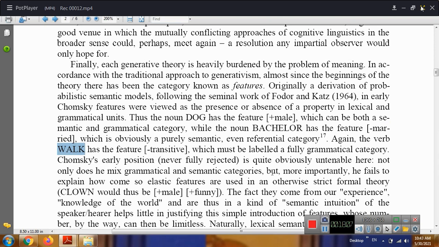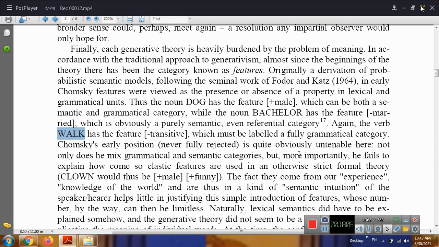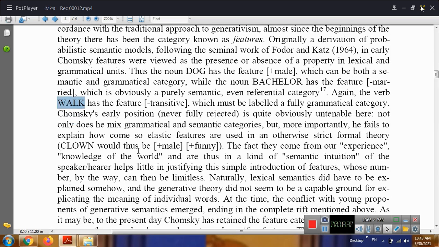Chomsky's early position, never fully rejected, is quite obviously untenable here. Not only does he mix grammatical and semantic categories, but more importantly, he failed to explain how come two lexical features are used in an otherwise strict formal theory, in which clown would thus be plus male, plus funny.